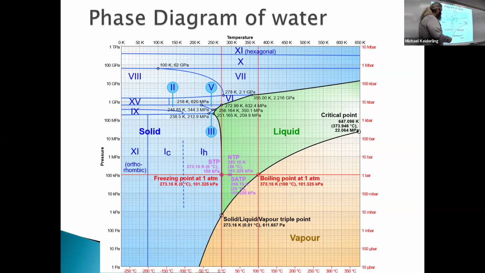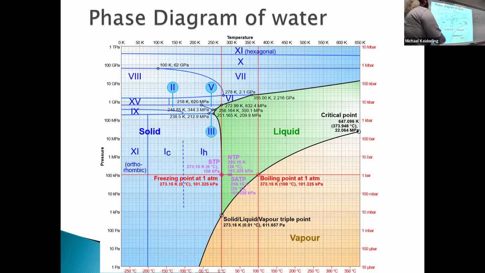So there's a triple point here, 273.16 Kelvin and 611.657 pascals. That's actually the point that the Kelvin system of temperature is based off of. This triple point here, because it's always the same temperature.